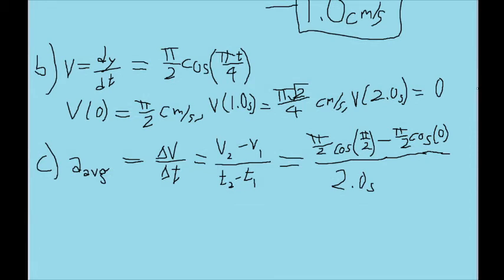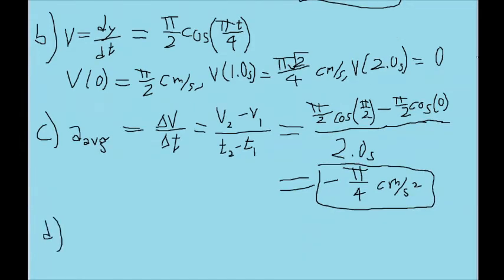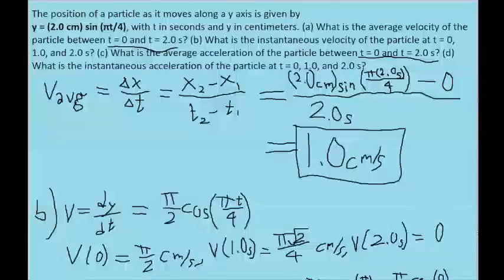And if we solve this down or put it into your calculator or whatever, we find an average acceleration of negative pi over 4 centimeters per second squared. And that's part C.